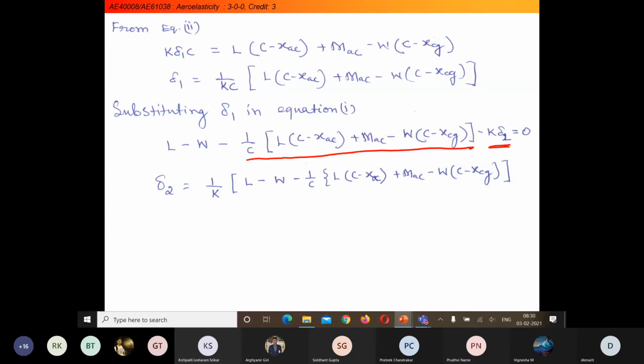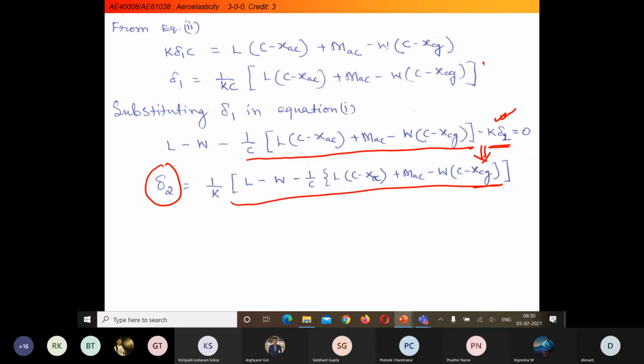From here, we will have only the delta 2 value as unknown. Similarly, solving for the unknown delta 2, I can get the value of delta 2 here, 1 by K into the remaining portion from this equation.